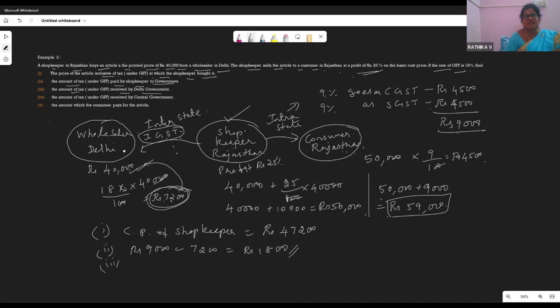Now, how much GST will the Delhi government be getting? Can anyone think? 4,500, madam. Anything else? Any other answer?